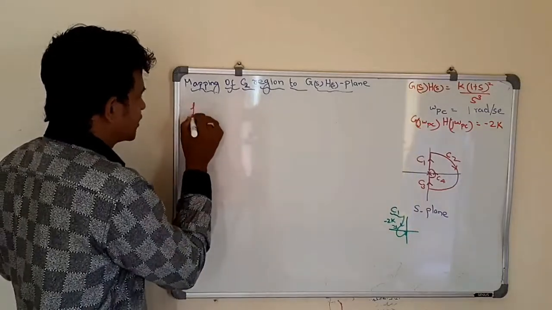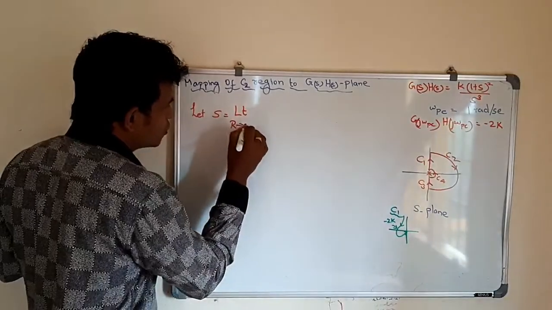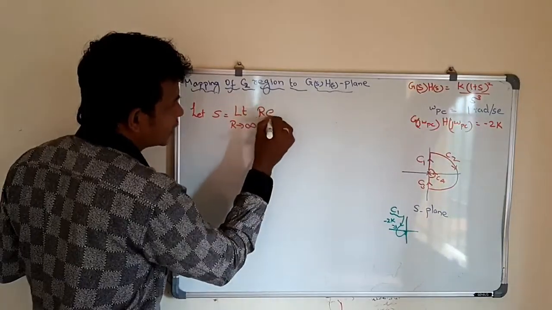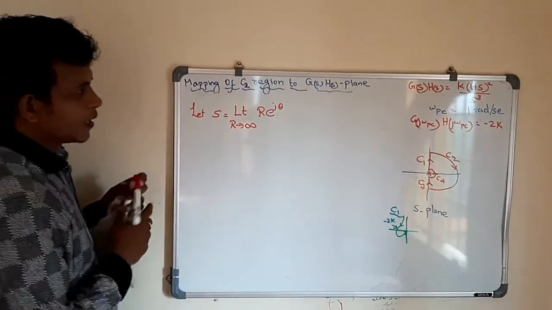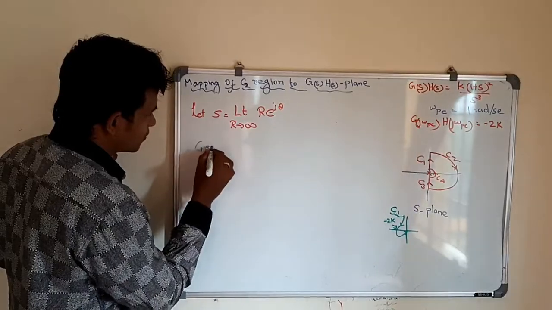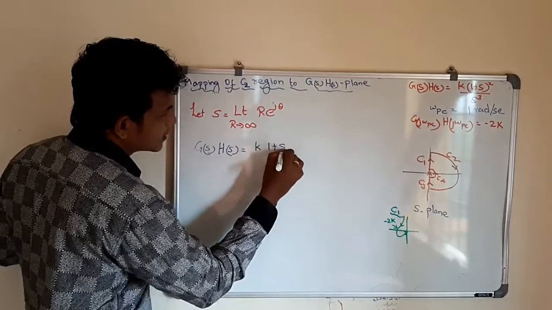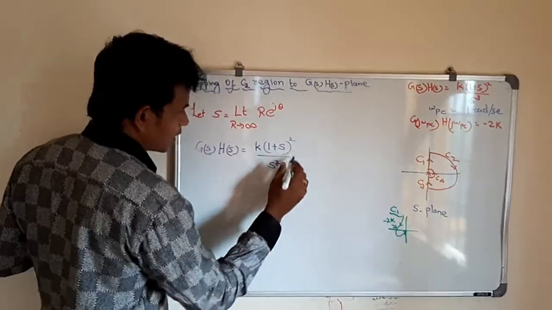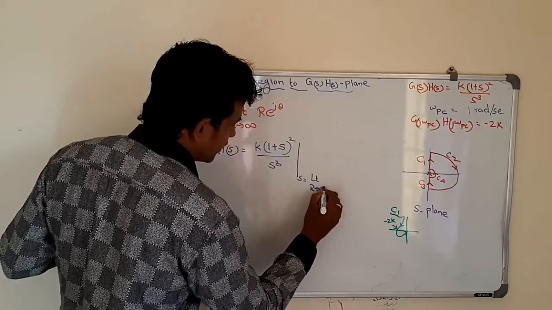Let s be equal to limit r tends to infinity, because the radius is infinity, r into e power j theta. So I am making this assumption. With this assumption, I am writing the transfer function again. The transfer function is GSHS equal to k into (1 plus s) the whole square divided by s cube, at s equal to limit r tends to infinity r into e power j theta.